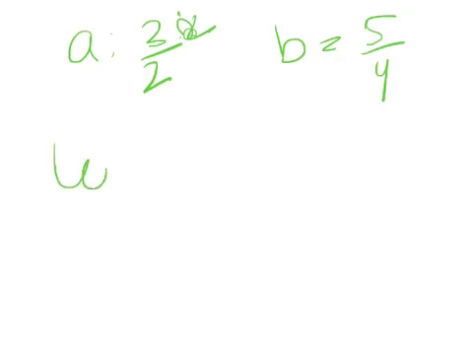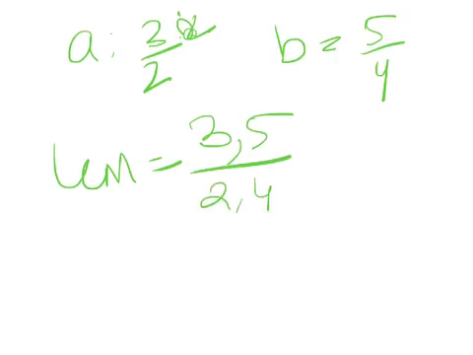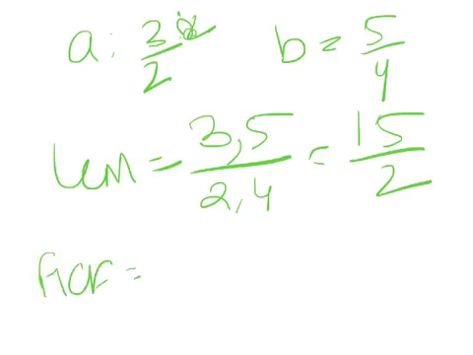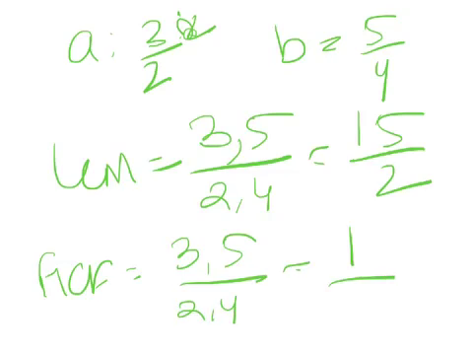The LCM is the numerator's LCM, 3 and 5's LCM, and the HCF of 2 and 4, which is 15. Their HCF will be the HCF of 3 and 5 and the LCM of 2 and 4, which is 1 by 4. They can be in terms of ratio, they can be in terms of fraction, same thing.